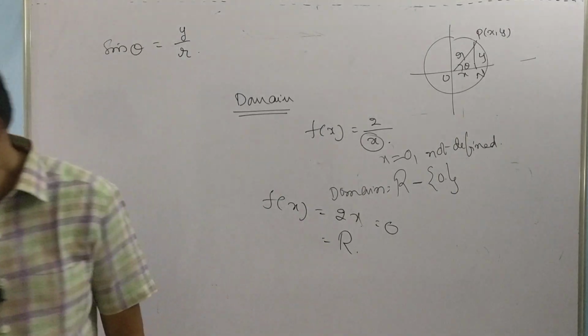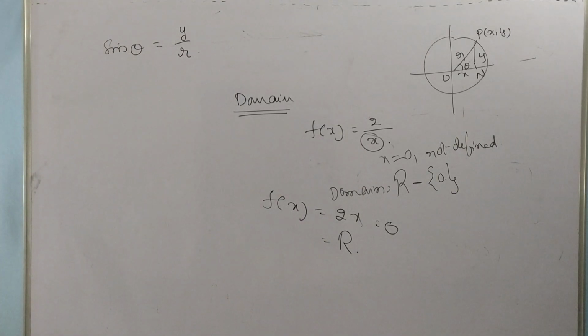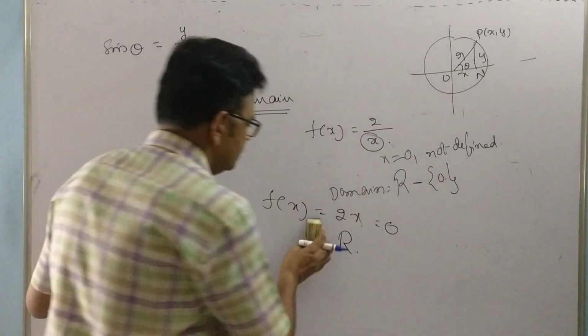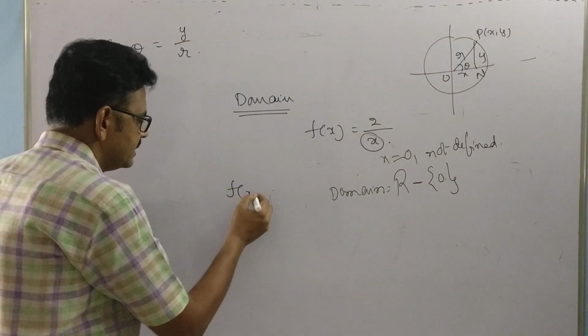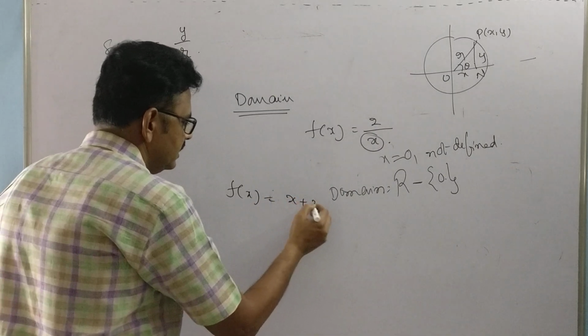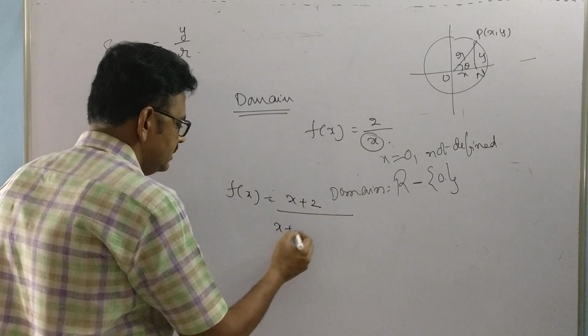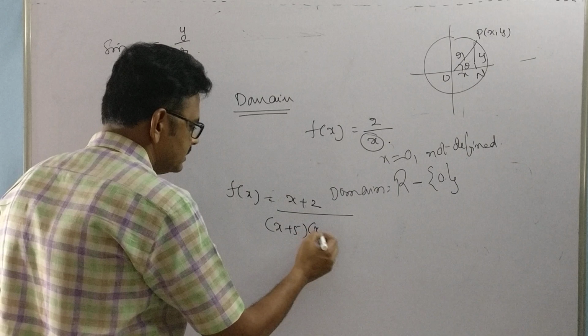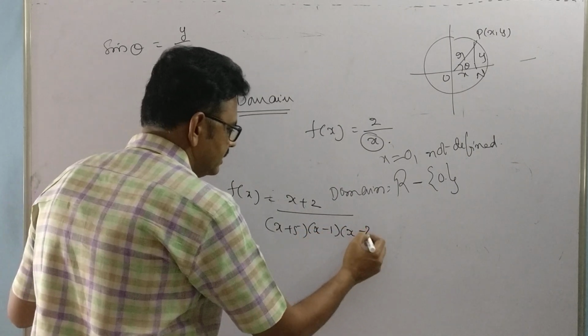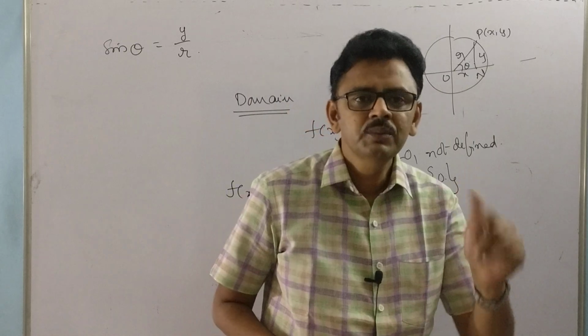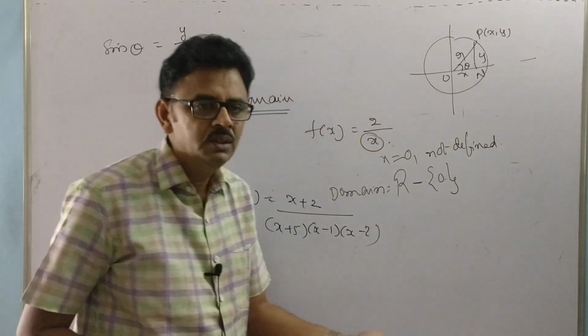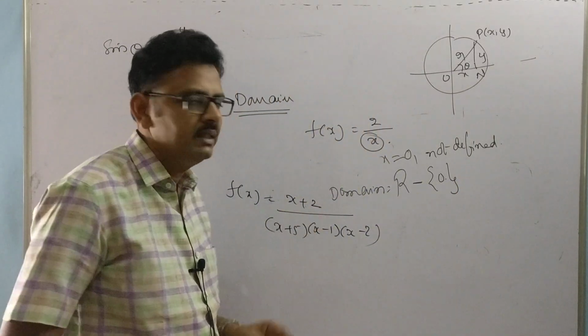Now I can give another example. The domain of the function f of x equal to (x plus 2) by (x plus 5)(x minus 1)(x minus 2). You don't think about the numerator. If the numerator is 0, 0 by anything is 0, it doesn't matter.